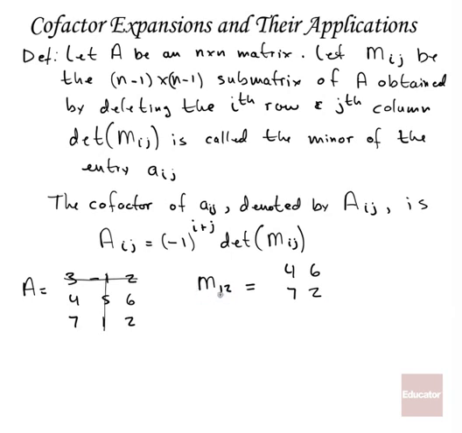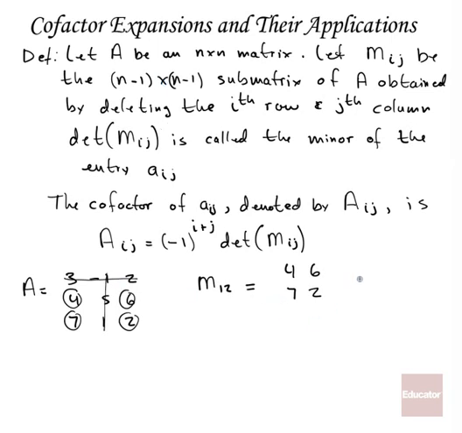That's all this means. First row, second column, go back to the original matrix, cross out, and the numbers that you have left over, those form the submatrix, in this case 2 by 2, because the original was 3 by 3, so it becomes, remember, the definition n minus 1 by n minus 1. 3 by 3 becomes a 2 by 2.